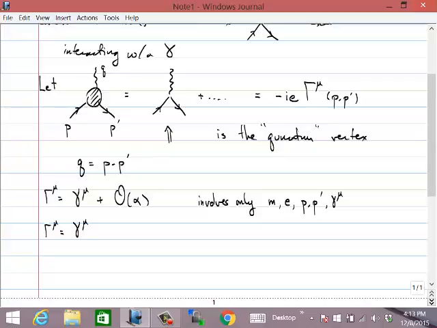So the vertex could be gamma mu times some 4x4 Dirac spinor matrix A. Or p mu is another 4-vector. And p mu prime is another 4-vector. And so to make life simple, I'll use the following linear combinations: p mu plus p mu prime and p mu minus p mu prime.